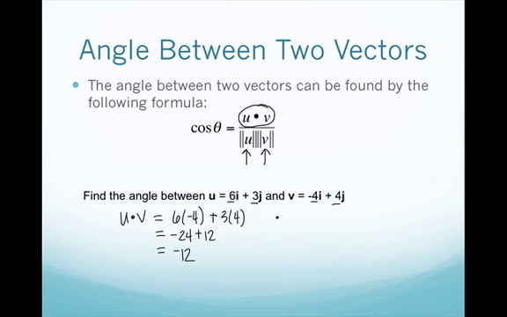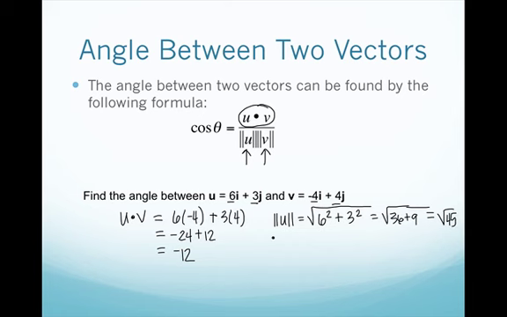Okay, so now let's find the magnitude of u. So that equals the square root of the sum of the squares of the components. So we have 6 squared plus 3 squared, which equals the square root of 36 plus 9, which equals the square root of 45.